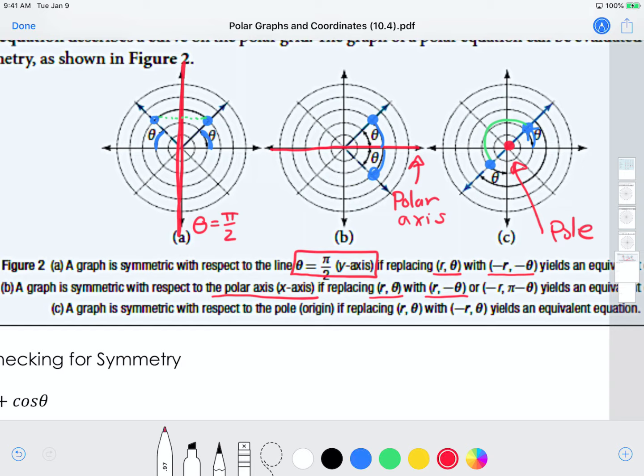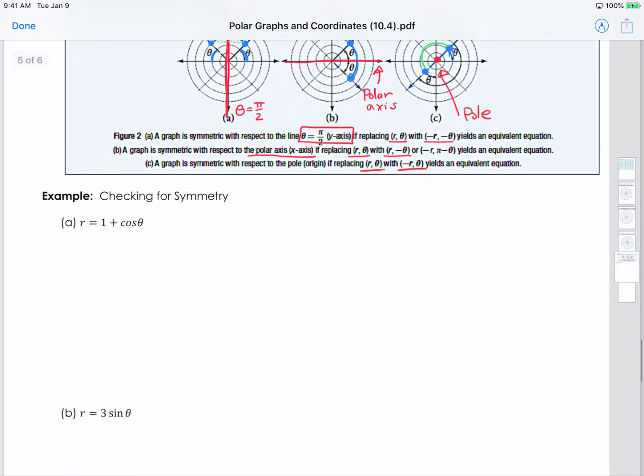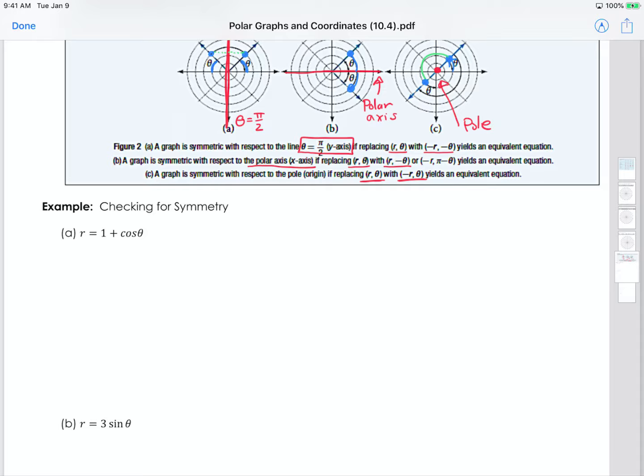And the way we check for symmetry with respect to the pole is we replace r and theta with negative r and theta.